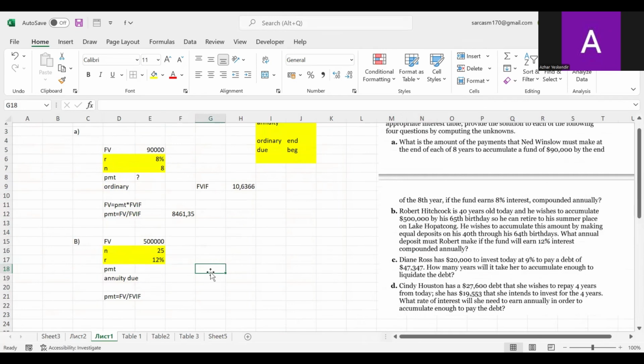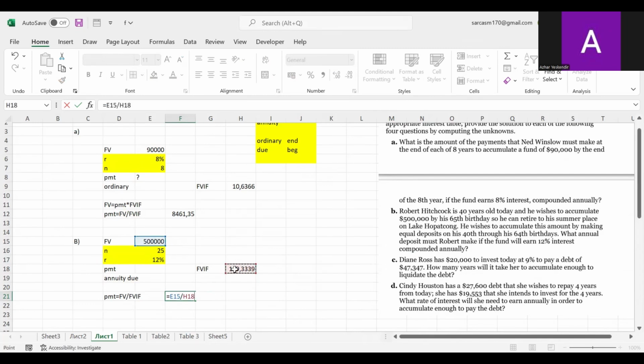Future value interest factor is 149.3339. So the payment is going to be 500,000 divided by this factor.